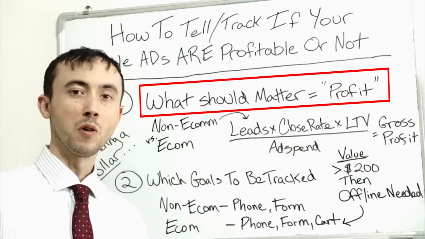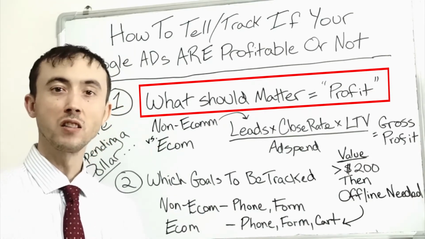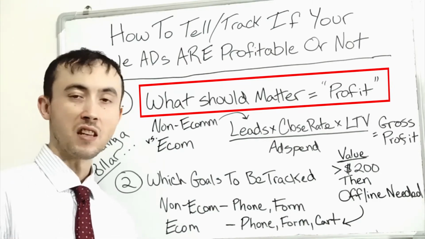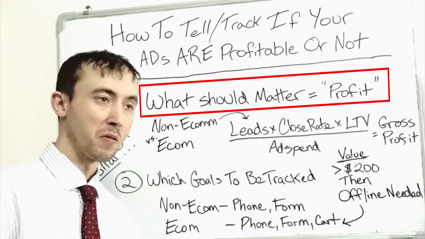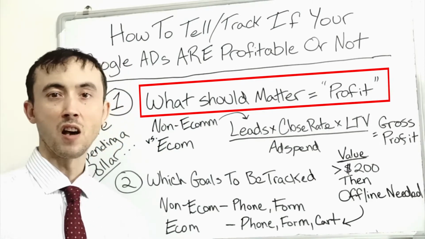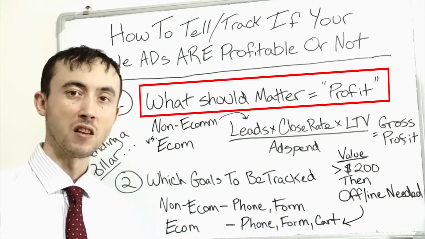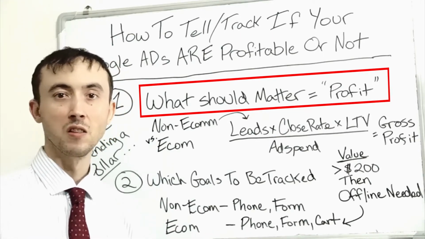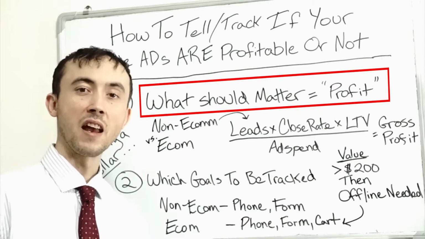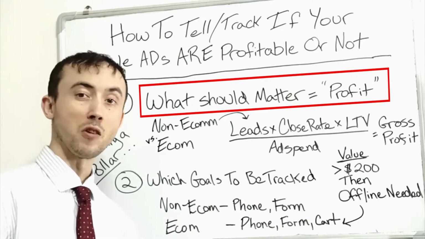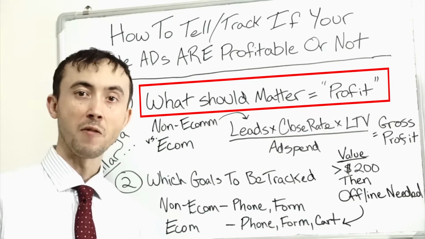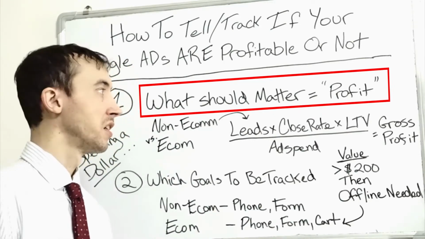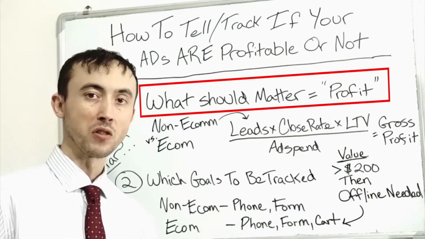Is what I'm paying for the ads, and the cost of goods sold that I'm selling, or the cost of delivering the services, the salaries of the people delivering the service working for me, or what it costs to deliver this service with all expenses in, and then your ad spend to pay Google as its own expense, is that being covered, and is there money left over after you account the gross revenue that you're able to get from the products and services that you're selling? And so that should be always your goal no matter what.